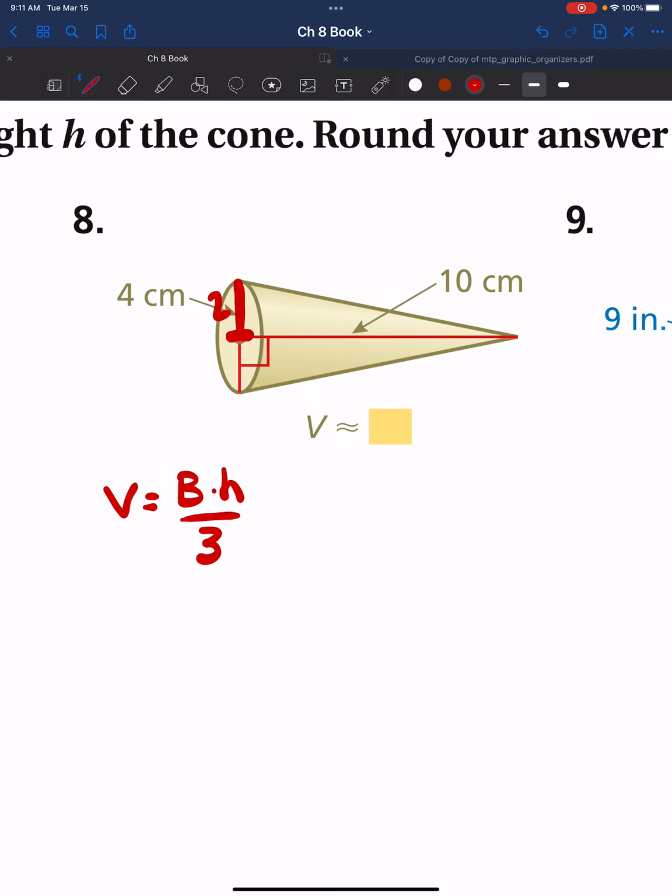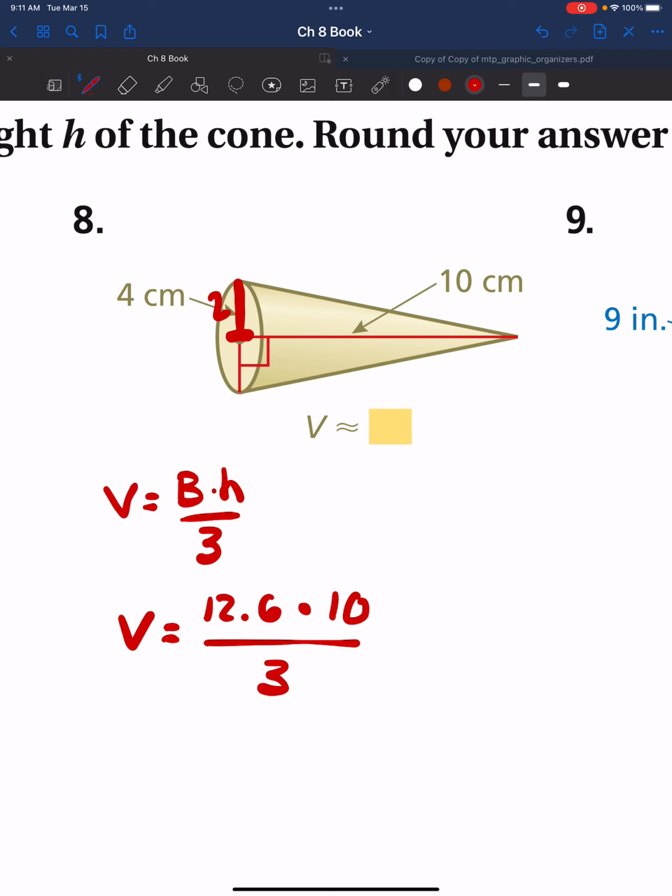Find big B. 2 squared is 4. 4 times pi. 12.566. I'm going to say 12.6. So I'm going to plug that in. Volume equals 12.6 times the height, and that is 10, divided by 3. So in my calculator, I'm not going to hit clear.